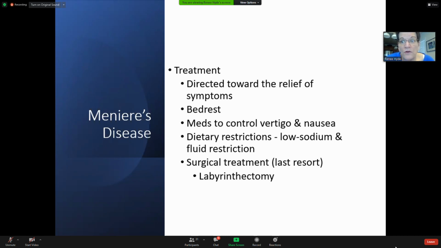And we control the nausea with something like ondansetron or a phenothiazine, like Phenergan, promethazine. One of the ways that we try to prevent this is put them on a low sodium diet with a fluid restriction to try to prevent the attacks.